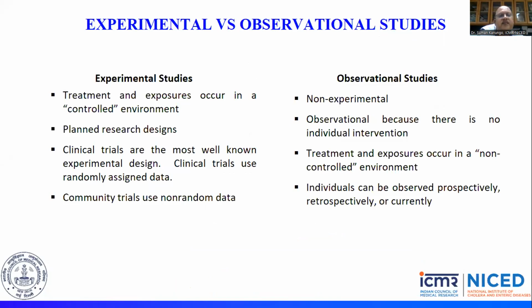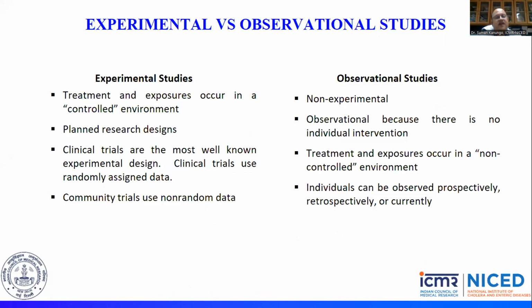The difference between the experimental studies and the observational studies is that experimental studies occur in a controlled environment, but non-experimental studies just happen. We have planned research designs, and observational studies involve no individual intervention, only observation. Clinical trials are mostly well-known experimental designs.